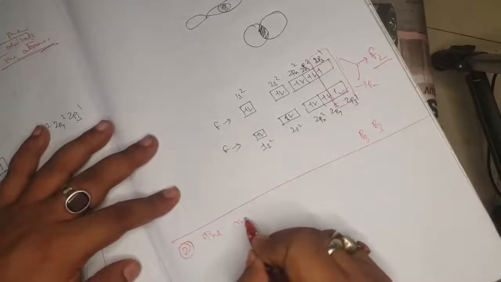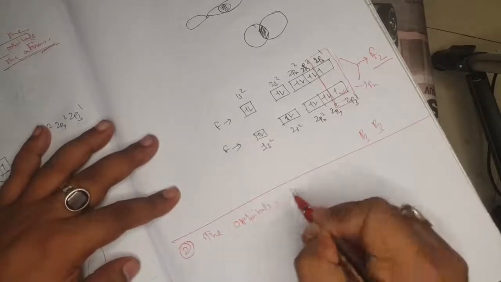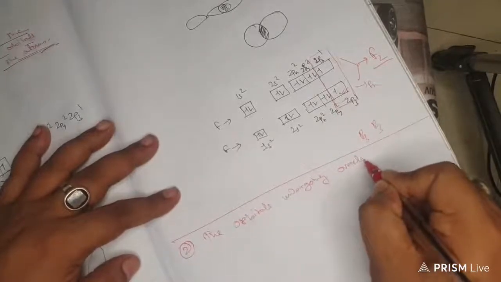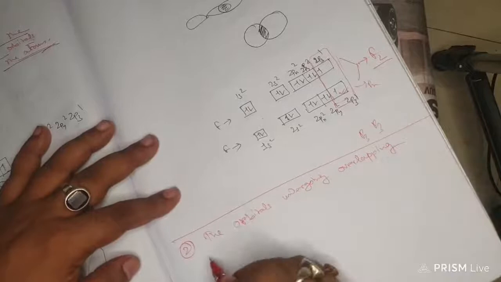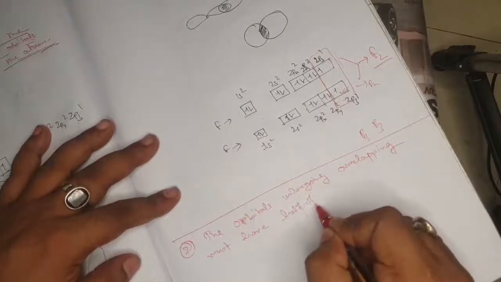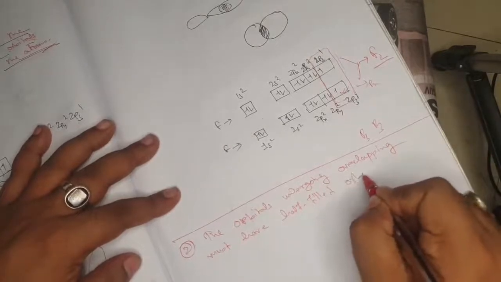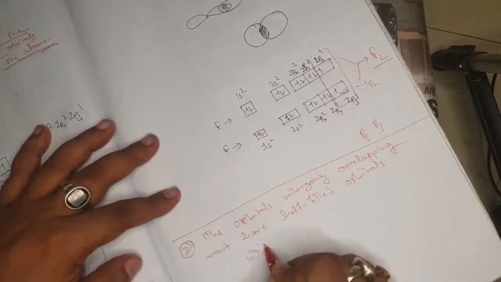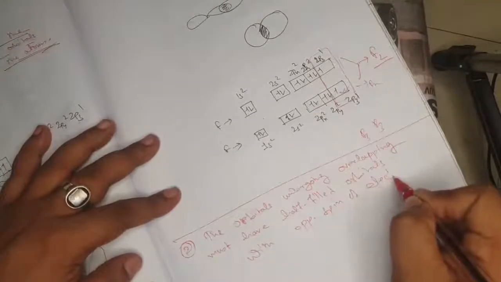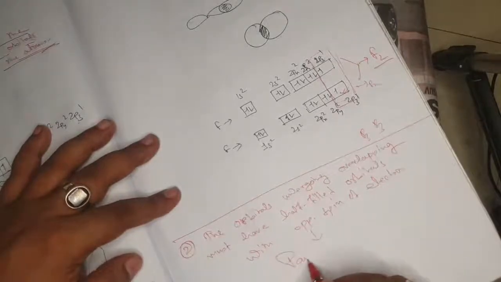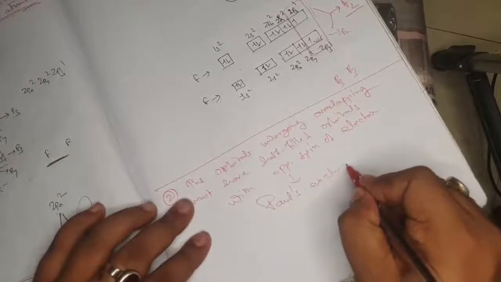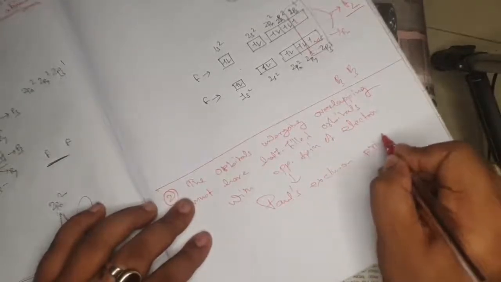The orbitals undergoing overlapping must have half-filled orbitals with opposite spin of electrons, and this is because of Pauli's exclusion principle.